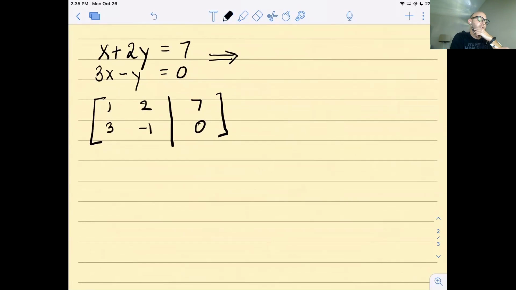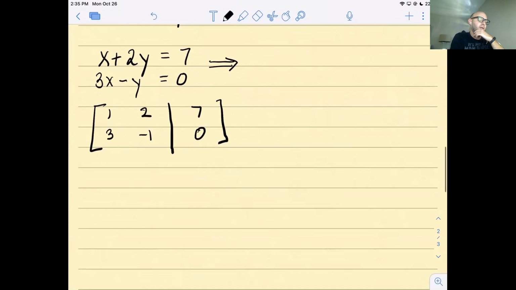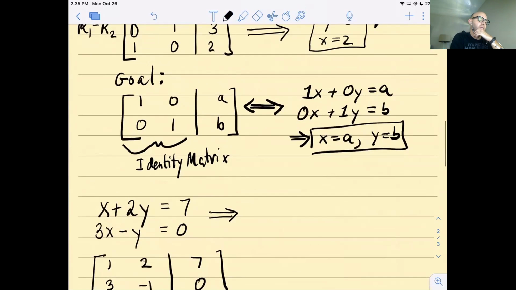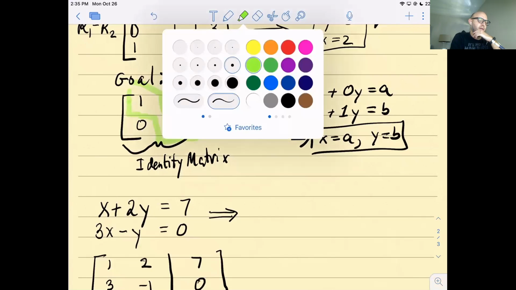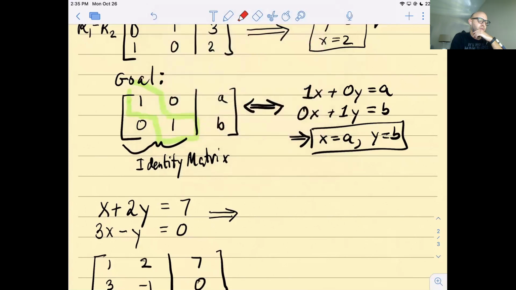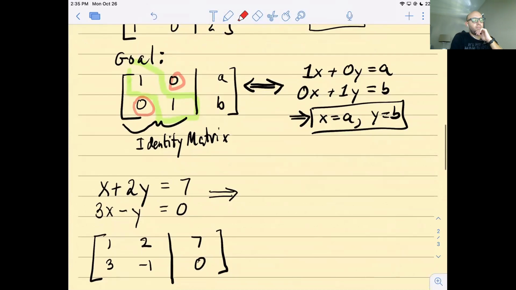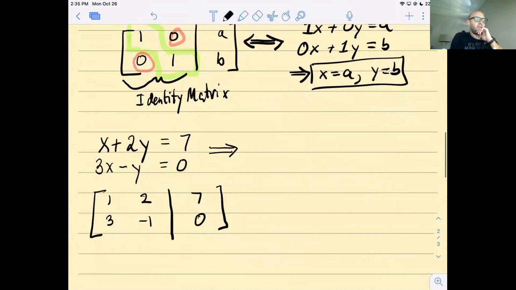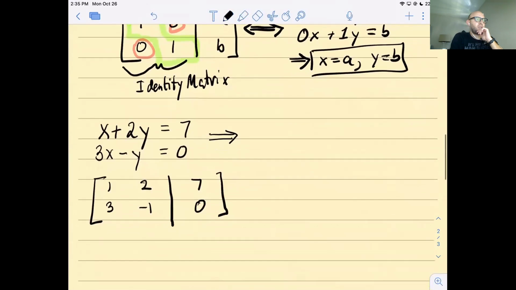The thing about the identity matrix is it always has ones along the diagonal and zeros off the diagonal. So we want our matrix to get into that shape.